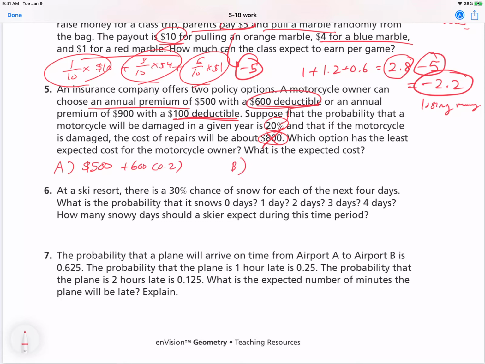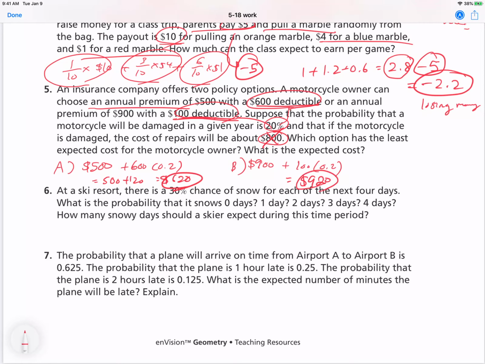Insurance company B says, okay, you're going to pay $900, and then you're going to add $100 of deductible and a 20% chance of that actually happening. So once you type that into your calculator, this one you get 500 plus 120, which comes out to be the total. The amount that you have to pay is 620. This one you actually have to pay $920.